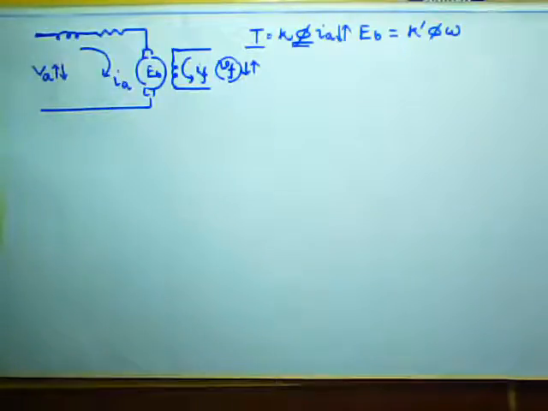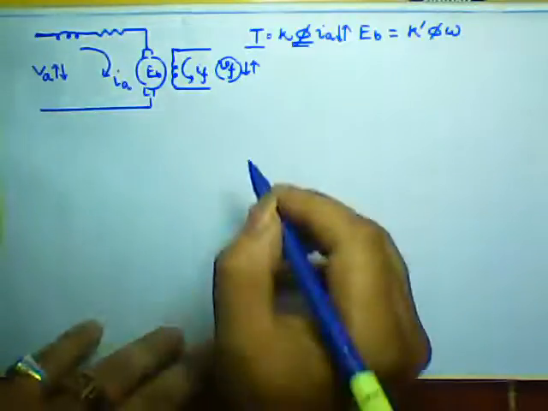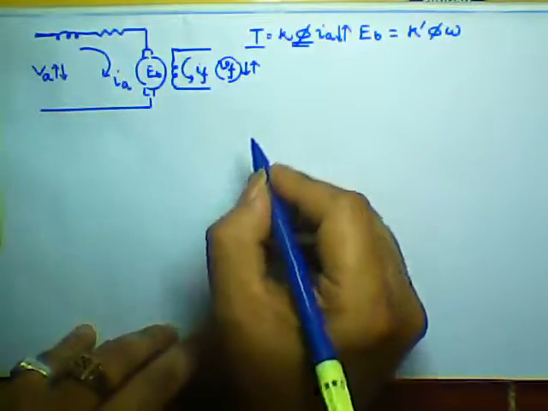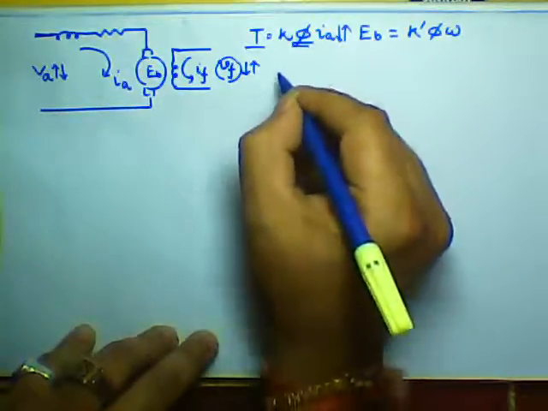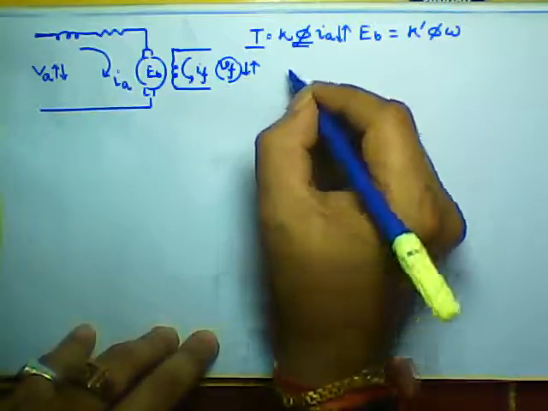Now to achieve the same analogy for an induction machine, you have to model it equivalent to a separately excited DC machine. Now let us see the governing equations of induction machines.